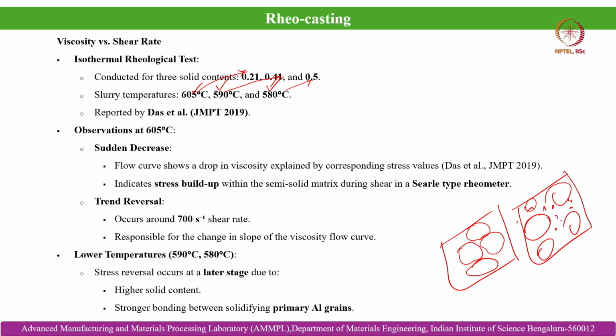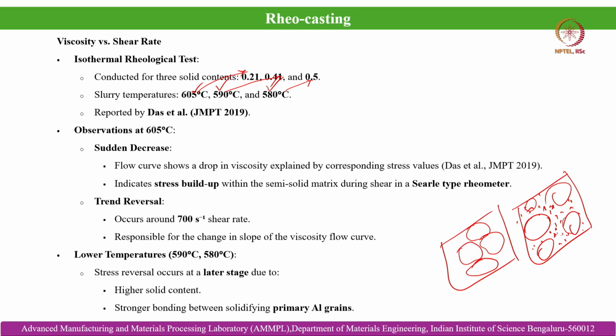So that the liquid melt enables these solid particles to glide past each other, and also to transfer the shear, so that the flowability of the slurry increases. That is why the viscosity drop at the onset of increasing shear happens at a later stage.